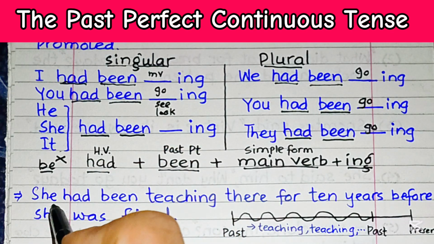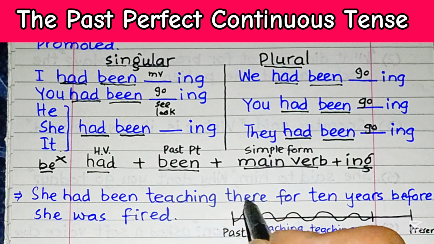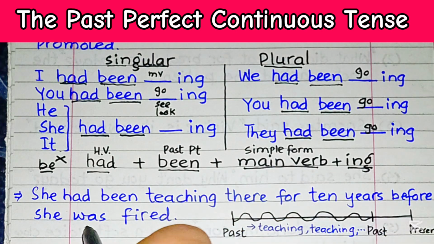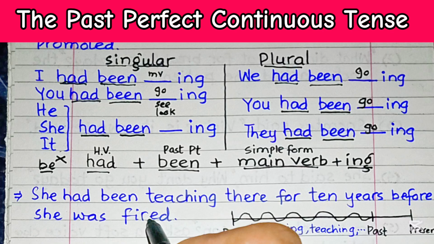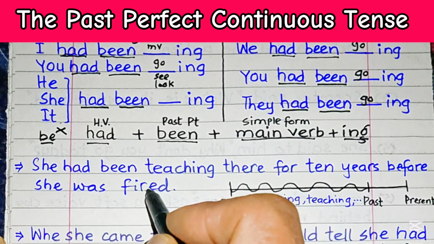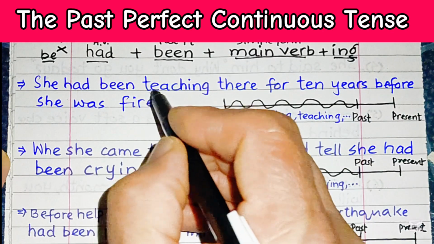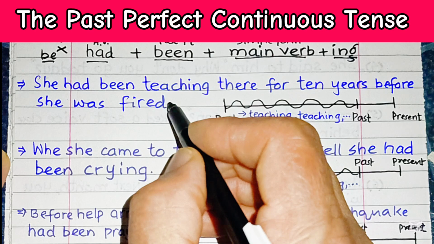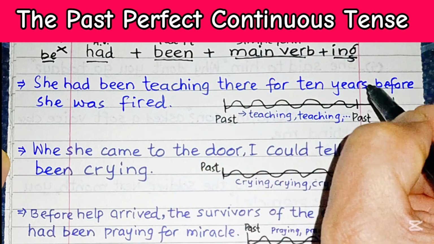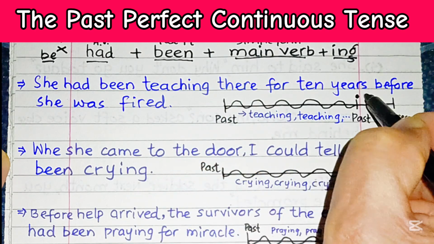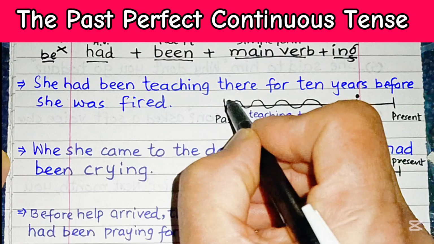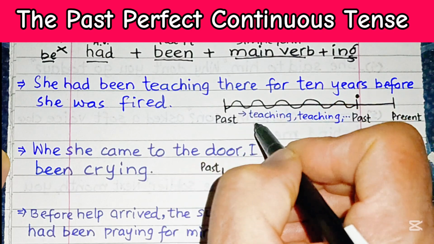Let's take a few examples in order to further consolidate the concept. She had been teaching there for 10 years before she was fired. So here is when the person was fired. What is that point? This point on the timeline, the action starts over here.